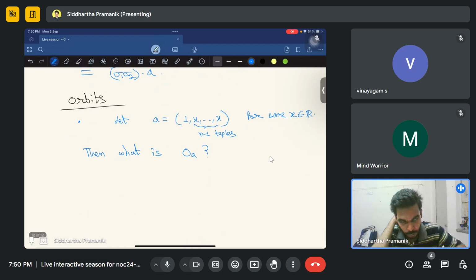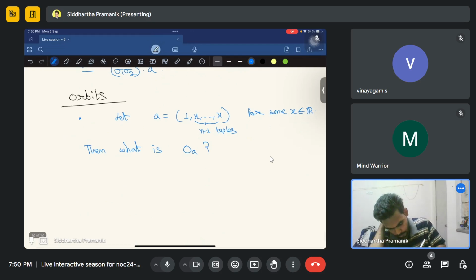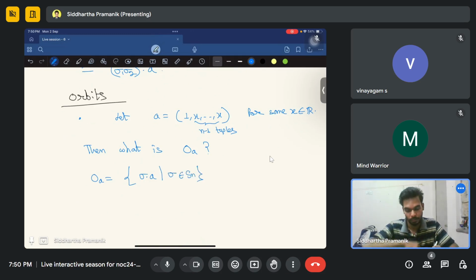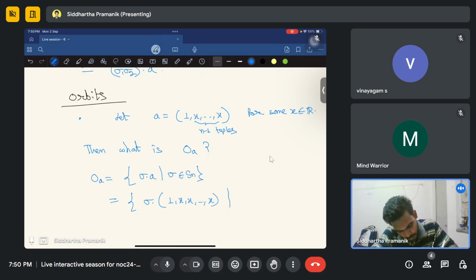So let's try to see by the definition. So orbit of A is by definition sigma dot A such that sigma belongs to Sn. So basically it is the set of all tuples, sigma applied on this tuple, such that sigma belongs to Sn.